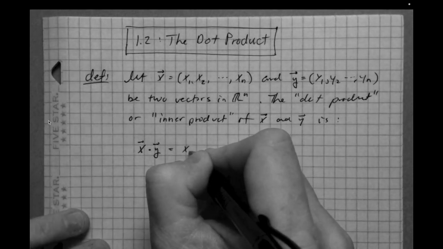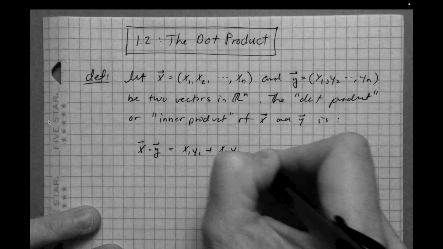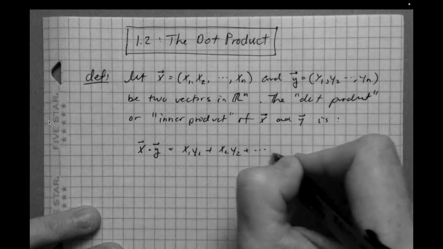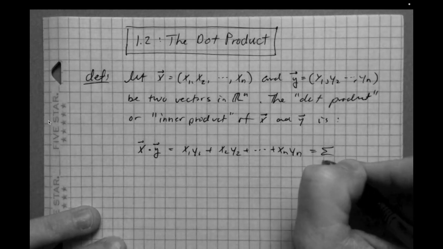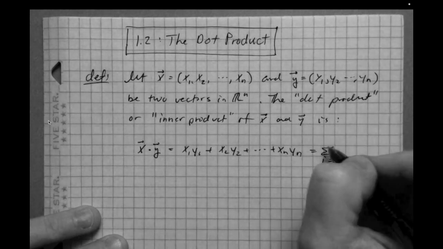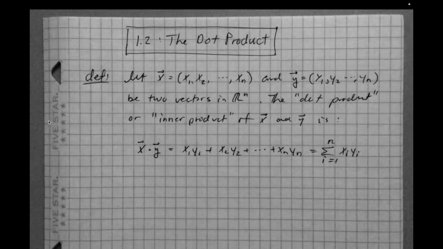So it's x1 y1 multiplied together, plus x2 y2 multiplied together, plus dot dot dot xn yn multiplied together. I suppose you could succinctly denote it using summation notation as i equals 1 to n of xi yi. Okay, so basically we just want to take all of the components and multiply them against their corresponding components, and then add all of those products up, and that is what we call the dot product or the inner product.